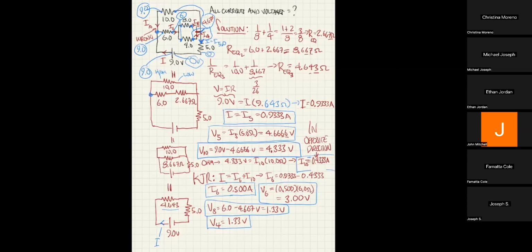But Ohm's law should get us that too. So I'm going to say I8 is supposed to be 1.333 volts divided by 8.0 ohms.